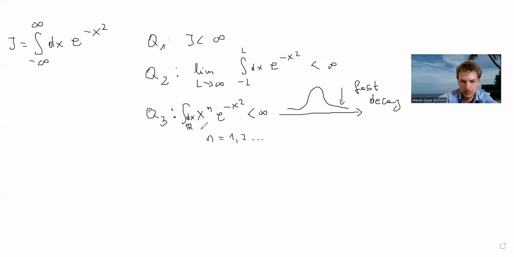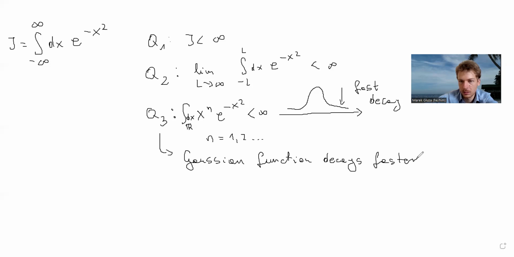And the meaning of this is that the Gaussian function decays faster than any polynomial.